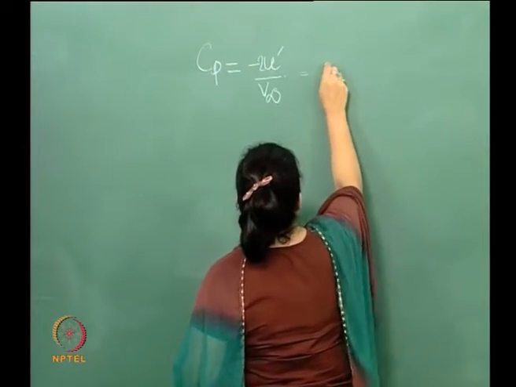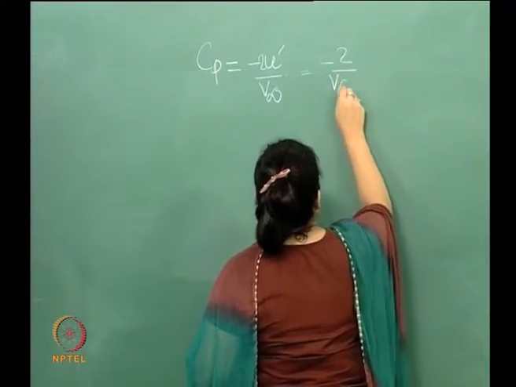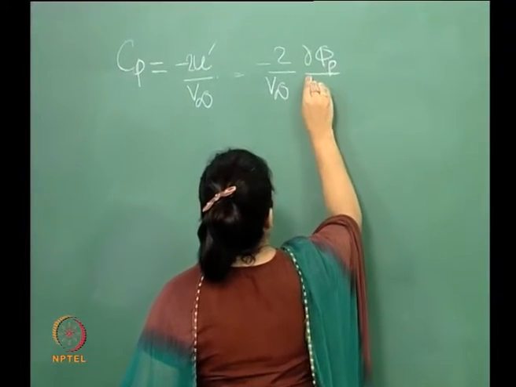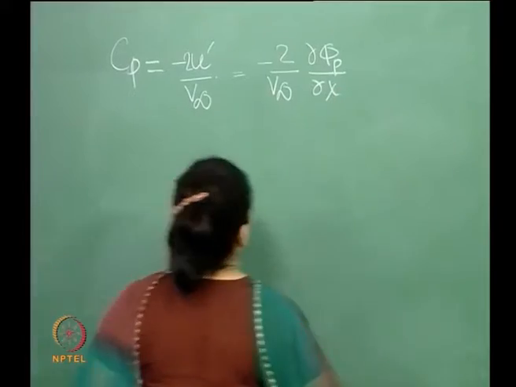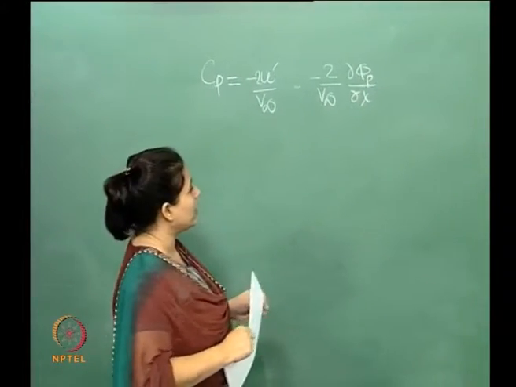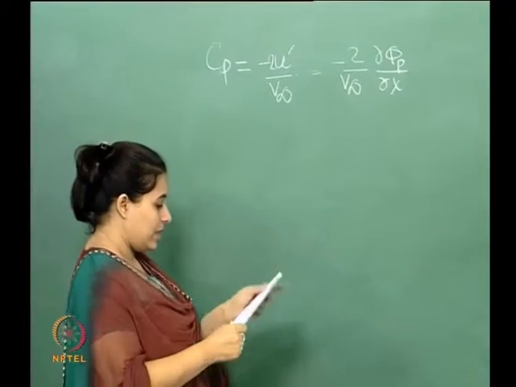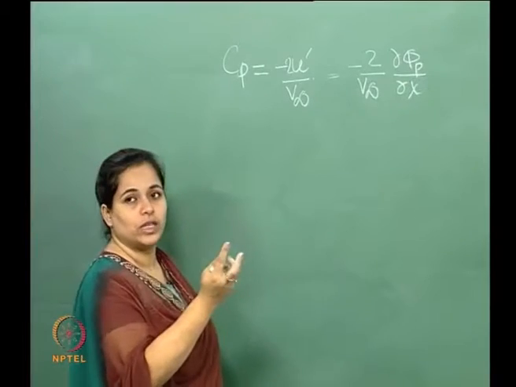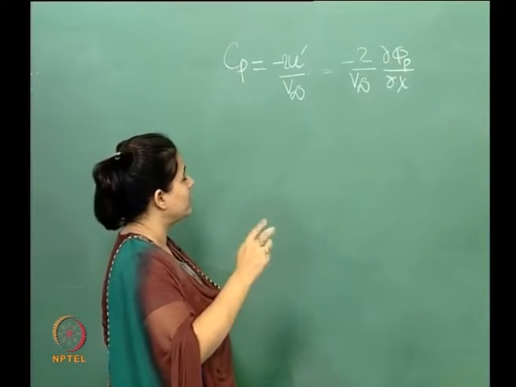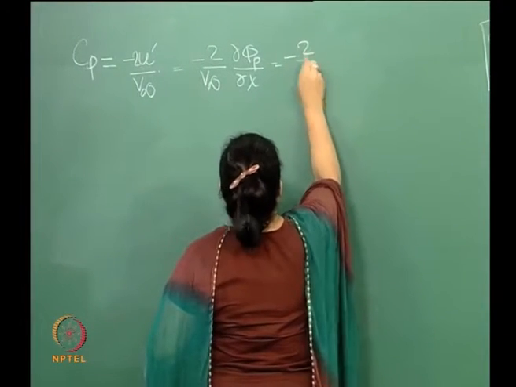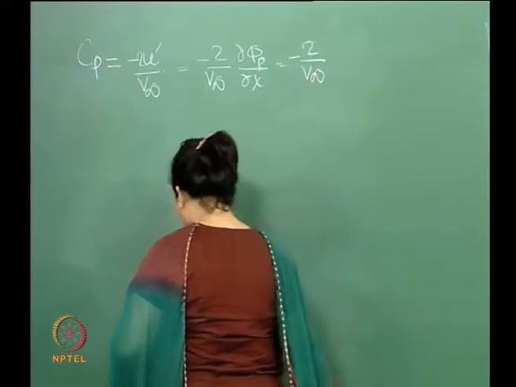So, if Cp is this, what do we get? This is nothing but del phi p del x, right. This is in the xy coordinate system, and how does that transform to the zeta eta coordinate system? So, this is equal to, right.